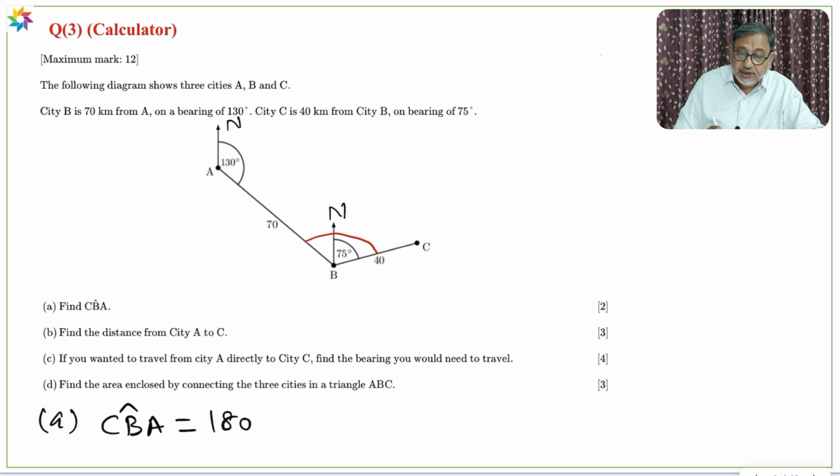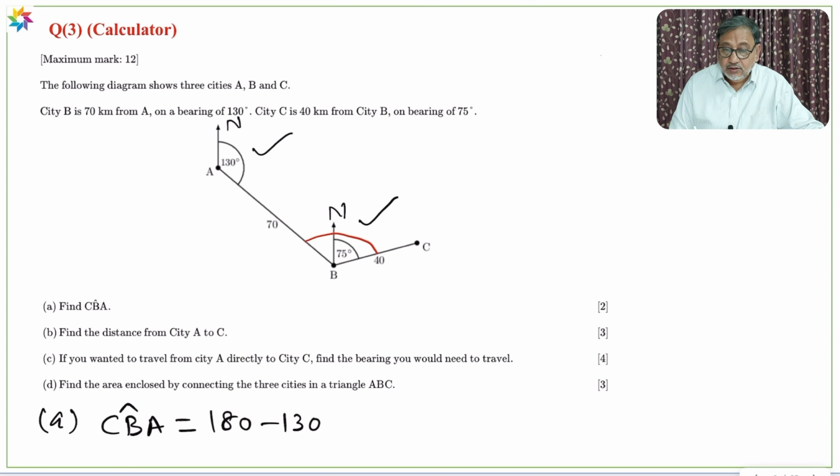So 180 minus 130, I mean whole of it, this plus this together will make 180, isn't it? 180 minus 130 plus 75. We want only this angle, okay? So the middle part is the whole of this angle we want, but this angle we can write 180 minus 130, right?